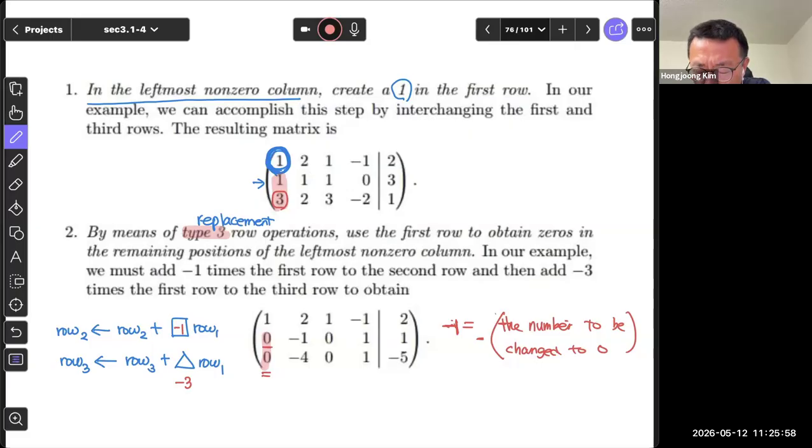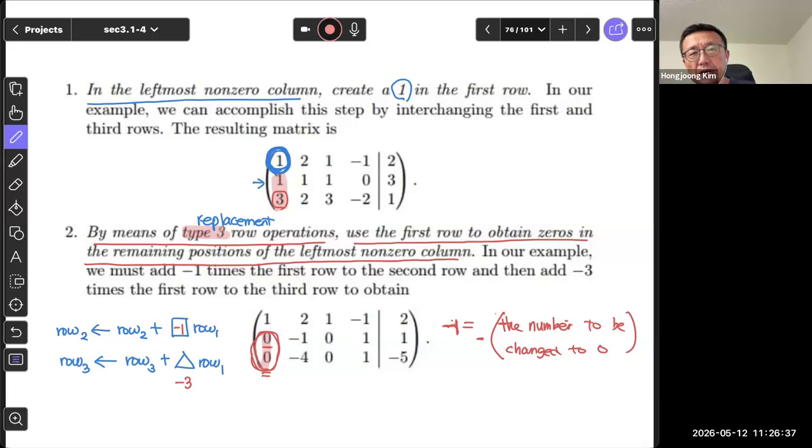So I found 1 in the leftmost non-zero column, and then I changed the numbers below that number to zeros by means of type 3 row operations, using the first row to obtain zeros in the remaining positions of the leftmost non-zero column, meaning these two numbers are now 0.